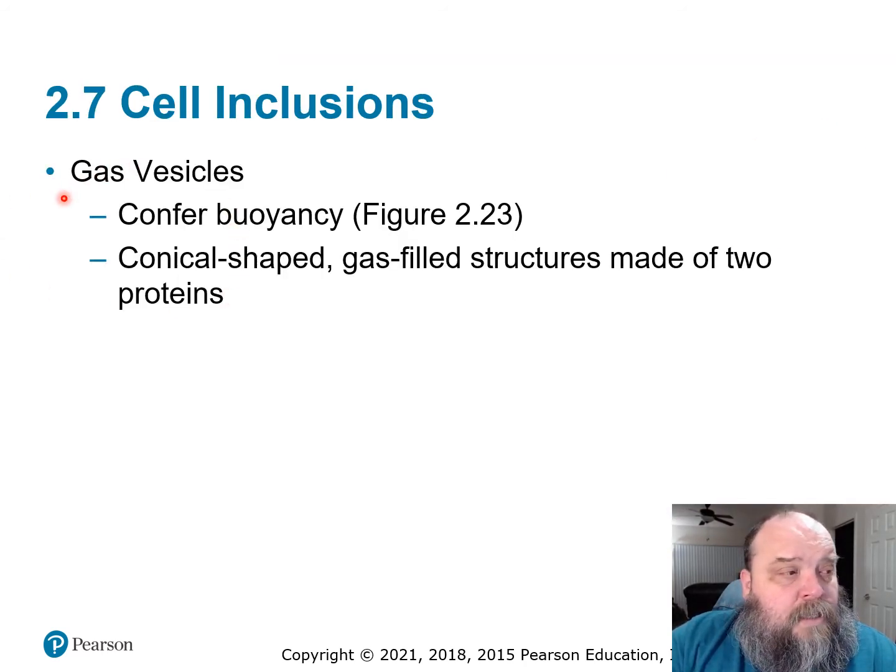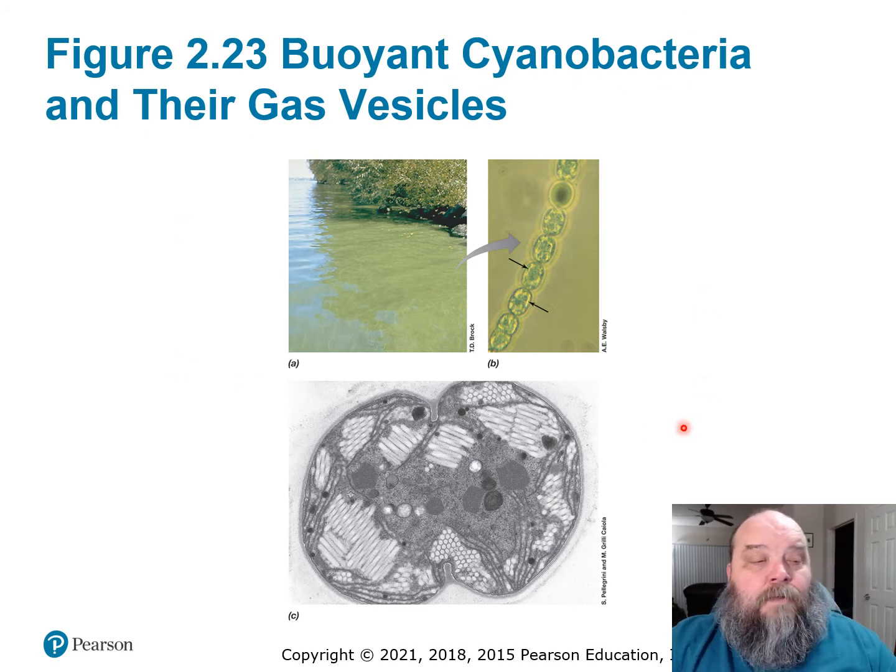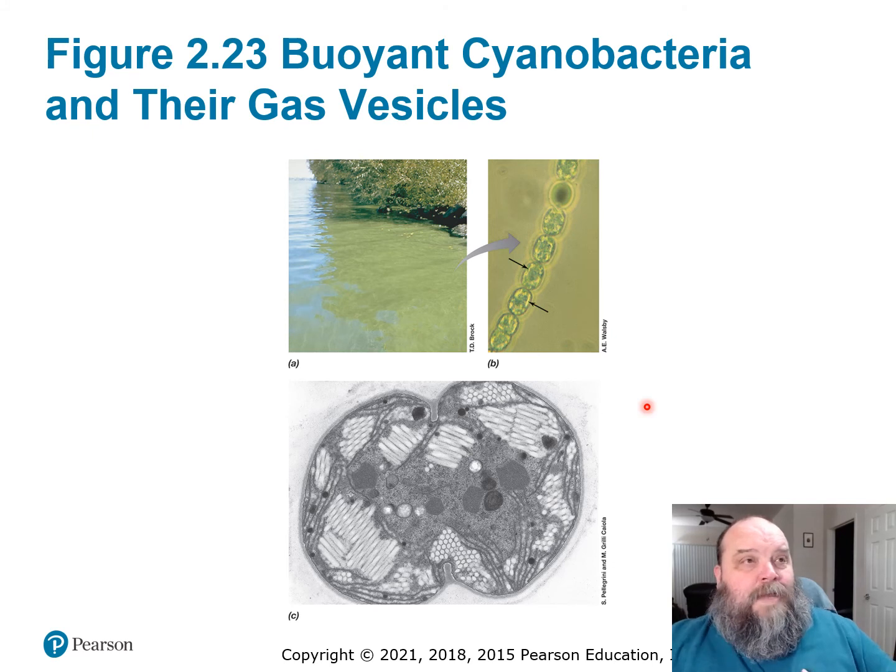You can also see that there's going to be gas vesicles for some of these microbes. Gives these guys a level of buoyancy. When you look at the cyanobacteria, they are pigmented. They have rudimentary photosynthetic properties. To be photosynthetic, or at least even pseudo-photosynthetic, they have to be up near the surface of the water where they can be hit by light.